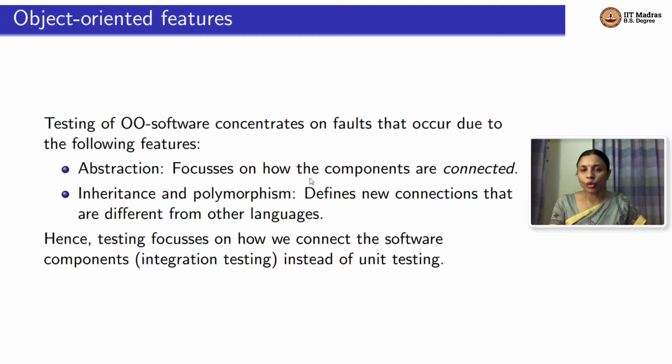So abstraction will focus on how the components are connected to each other. We are going to focus on classes, inheritance of classes, and polymorphic methods that are owned by various classes, because they define new connections which are very different from ordinary functions that you will see in other languages. So testing is going to focus on integration testing.